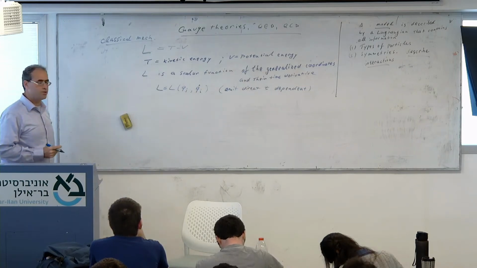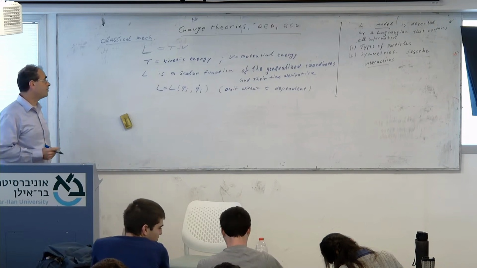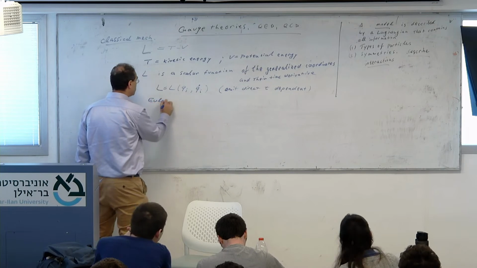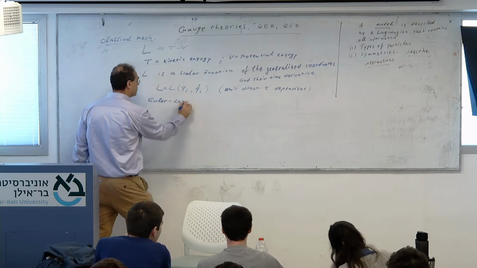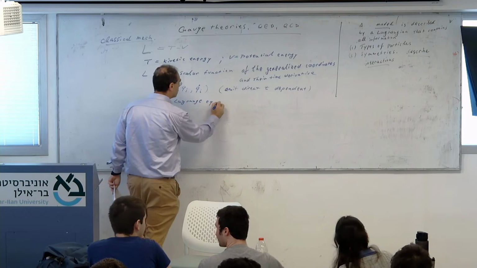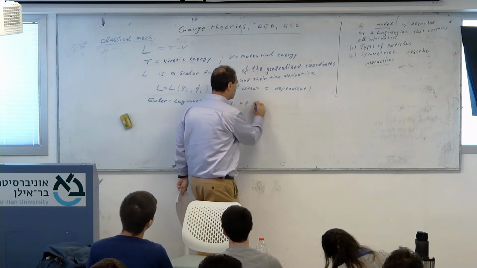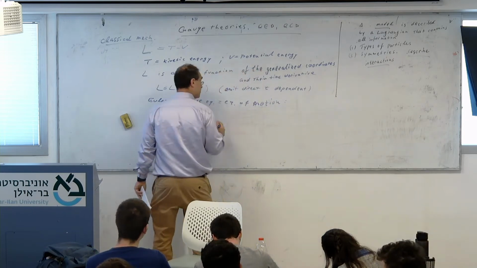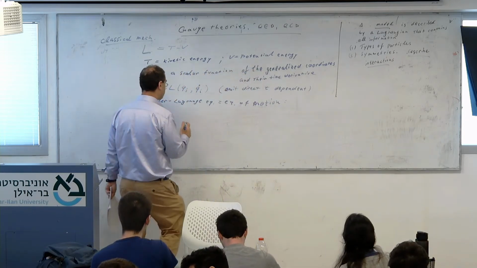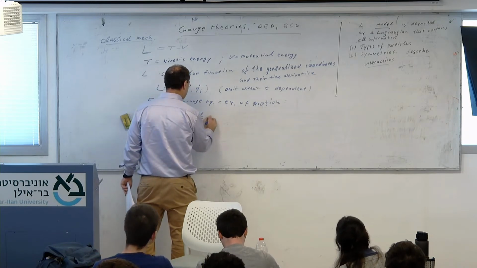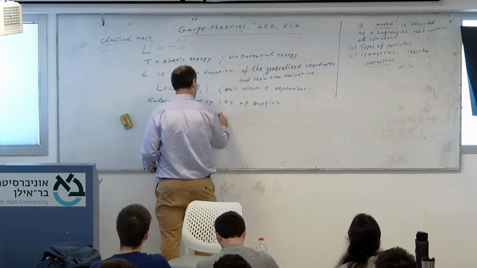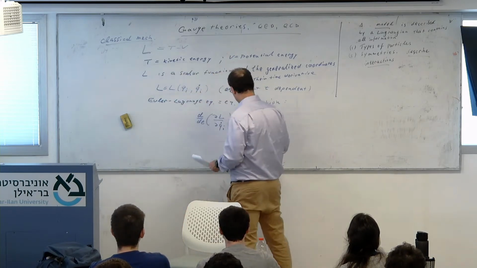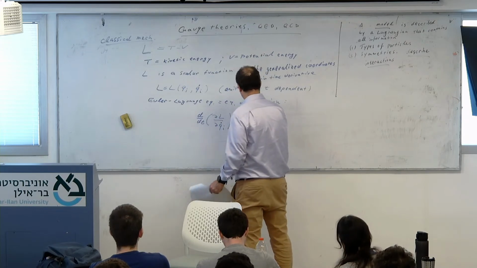So once we know what a Lagrangian is, how do we get the equation of motion? The Euler-Lagrange equation of motion, which is d over dt of dL over dq i dot equal to dL over dq i.